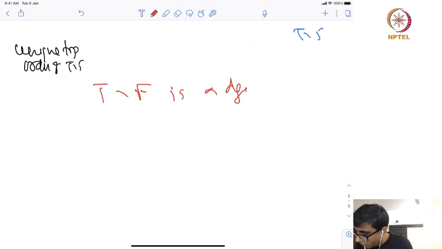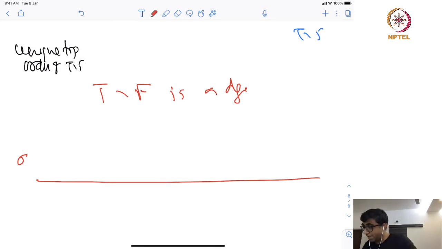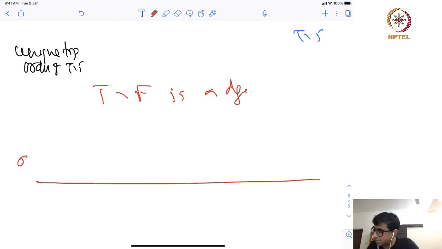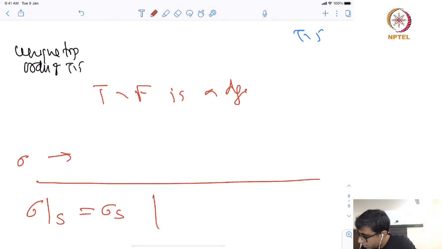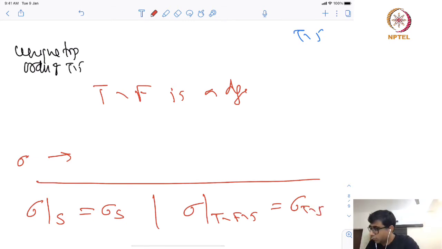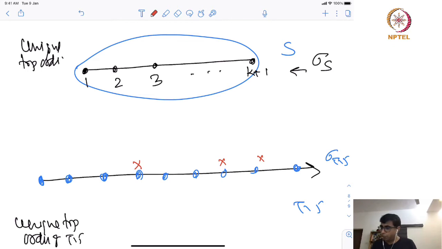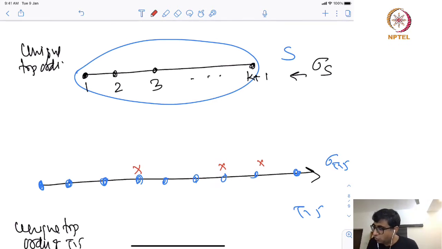Now, let us look at an ordering sigma of T minus F. I claim that sigma restricted to the vertices of S is exactly equal to sigma S, and sigma restricted to T minus F minus S is exactly equal to sigma of T minus S. So if you look at the topological ordering of the remaining vertices after deleting the solution vertices, that is also a tournament, so it has a unique topological ordering, and the great property is that it maintains the topological orderings already given on S and on T minus S.